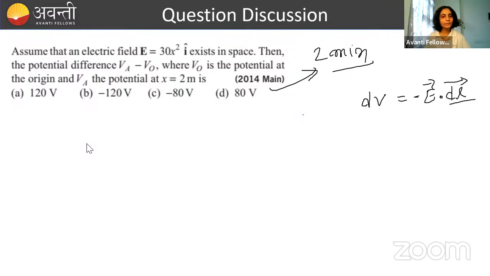Come on, it means you people are not reading at all. Just the formula thing. Dekho, one thing let me tell you, knowing the formula is not enough. Unless and until you are practicing question, you are doing question, it's not going to help you. Okay? So doing question is the only way you can help yourself.